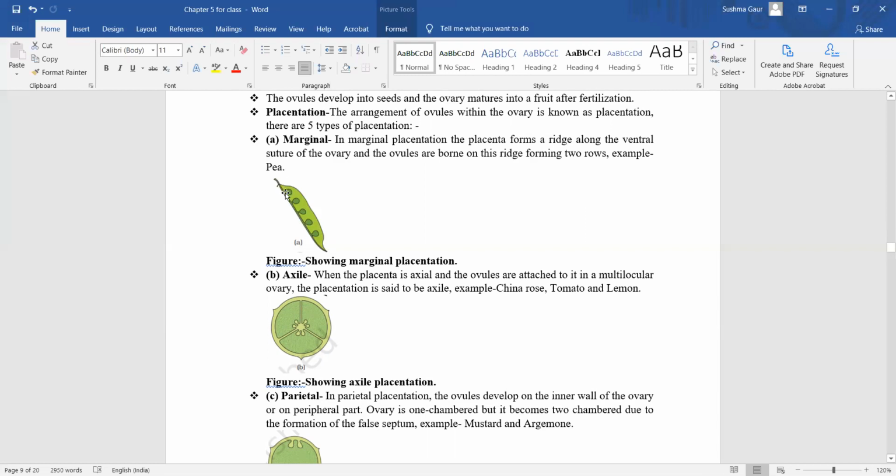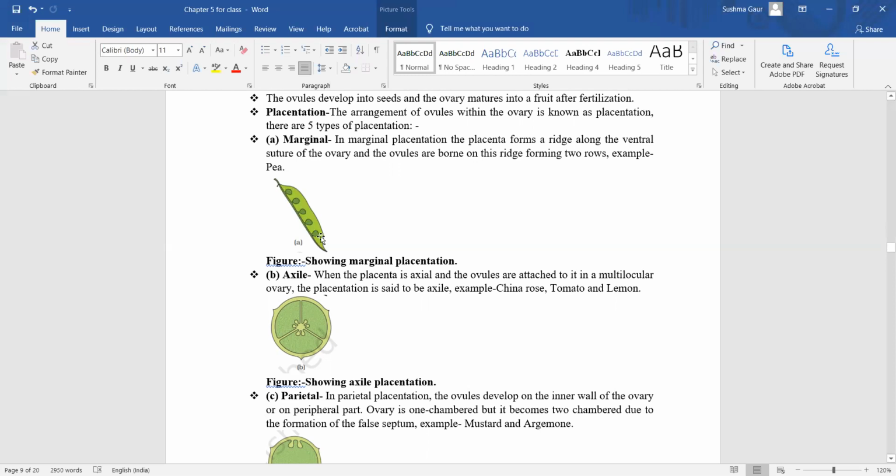So the placenta will be present in a linear fashion at the ventral side, and the ovules are borne on the ridge forming two rows. Just imagine, Shreya, how the pea pod looks. Five ovules will be present on this side. Similarly, five ovules will also be present on the other side.